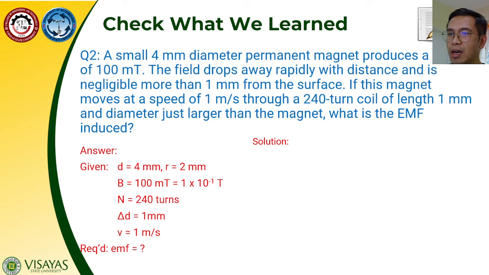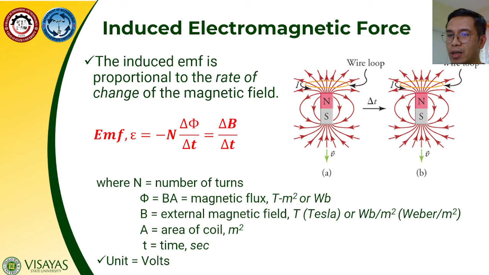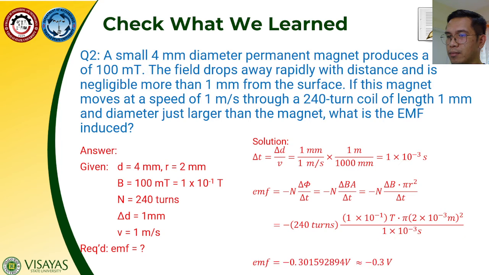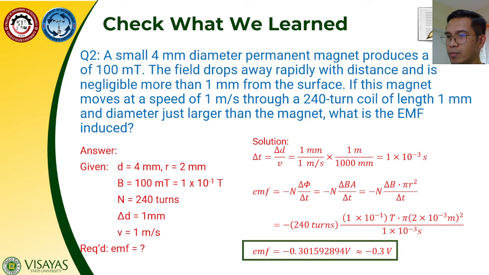If we follow these units here, automatically the unit for our EMF is already in volts. Okay, so our EMF is around negative 0.3 volts.